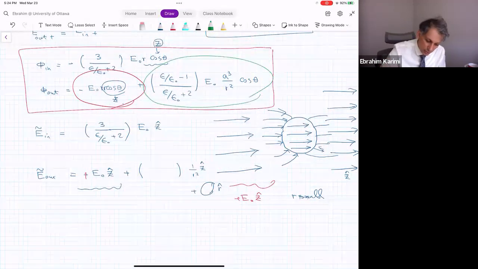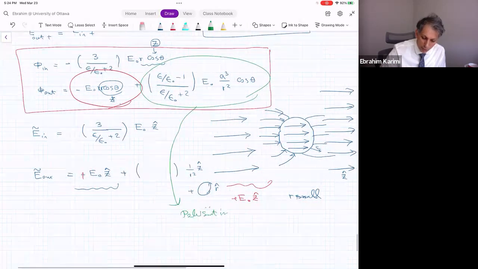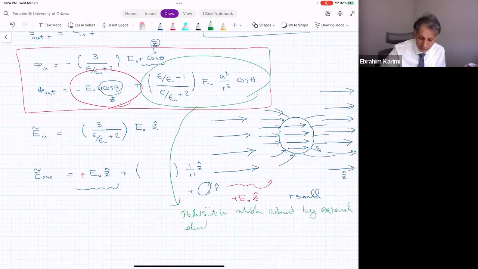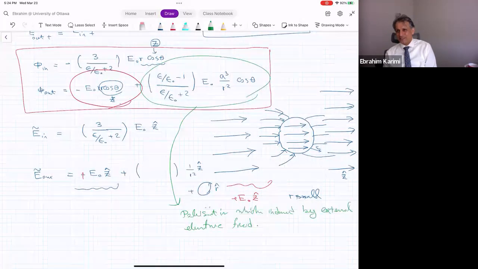So this is due to the polarization, which is induced by the external electric field. Okay? And even from these, you can calculate what's going on with the charge density on the surface.